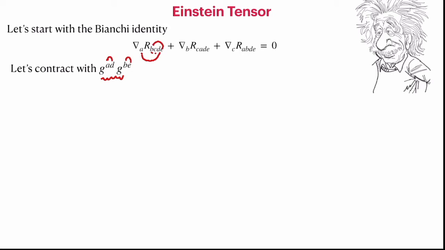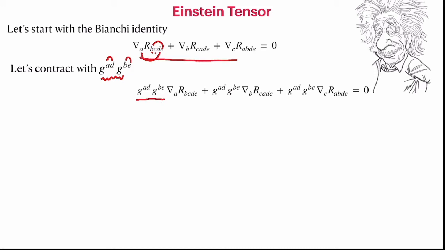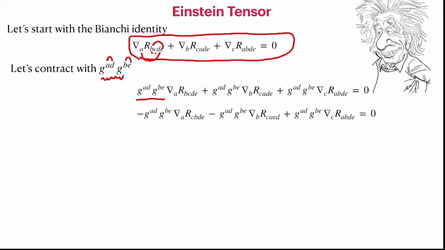In order to see this, let's write it down. We are basically multiplying this Bianchi identity by g^AD and g^BE, and then we try to simplify each term and see what we get. At this stage it is straightforward. We rearrange each term to get the meaningful result. Let's rearrange the first term. We have rearranged and renamed the dummy indices.